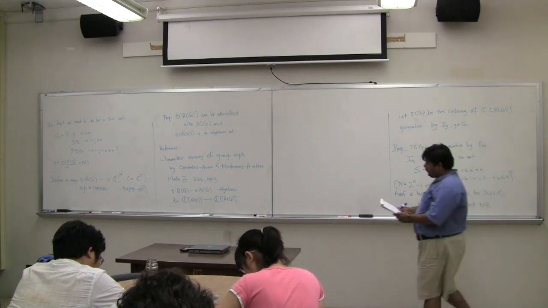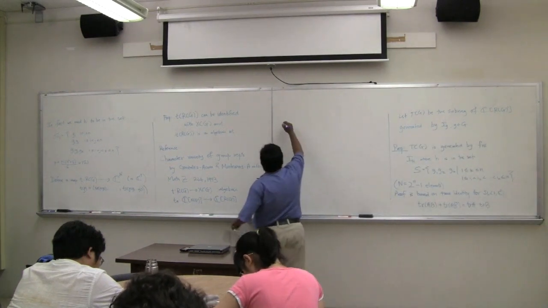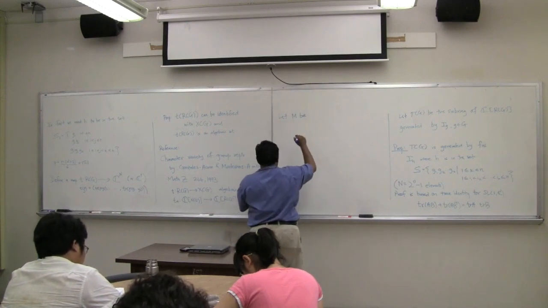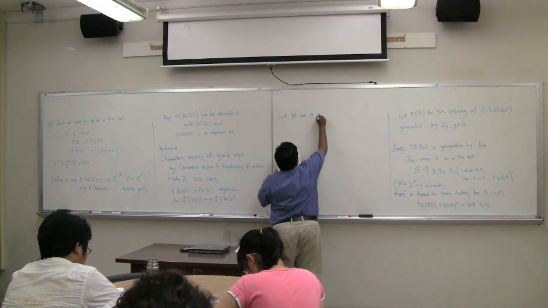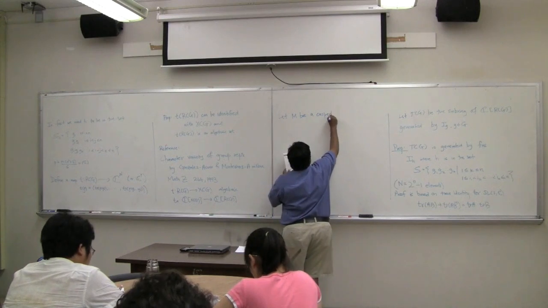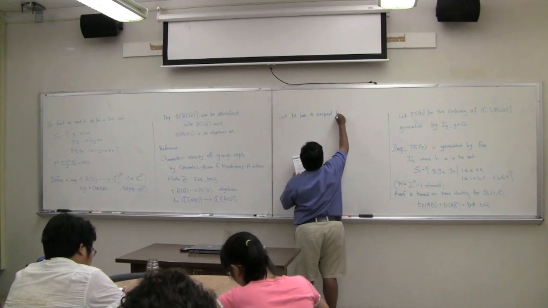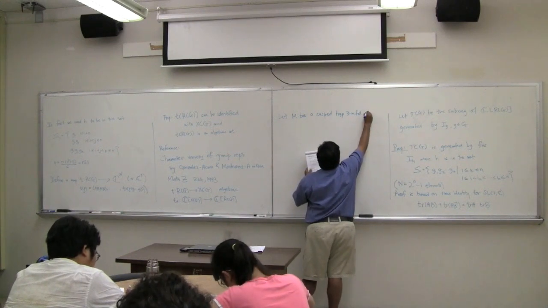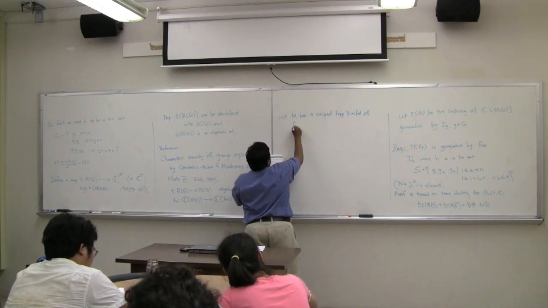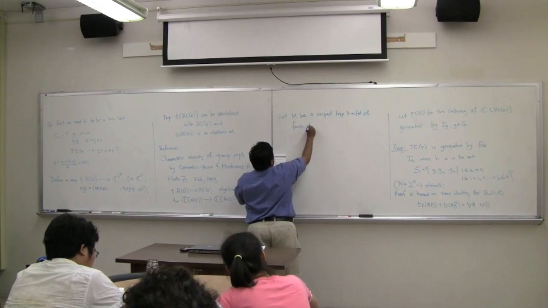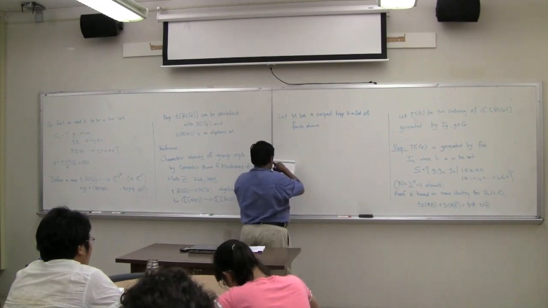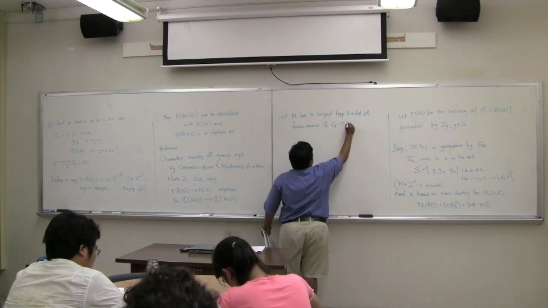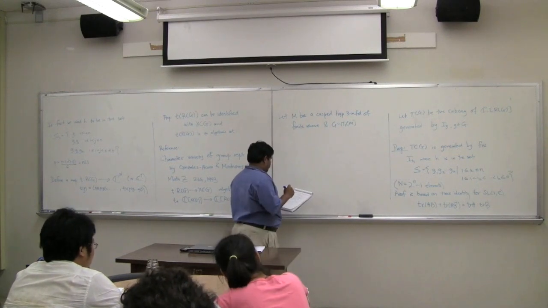So if you have, let M be a cusped hyperbolic three manifold, and G be the fundamental group of M.